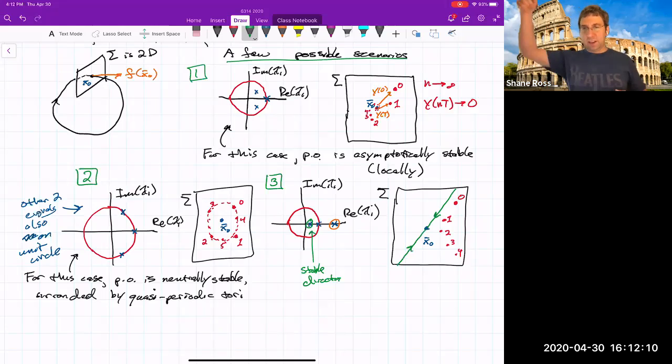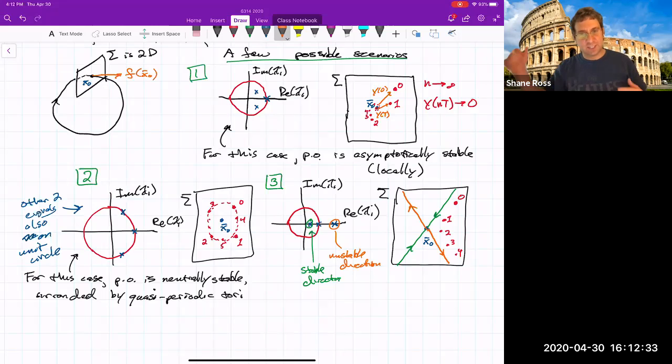Meaning if you start on that, you would asymptotically approach, but you'll probably be a little bit off. And if you're a little bit off, just like here, then there's also going to be an unstable direction. And the unstable direction is what will dominate in the long term, except for a set of measure 0 of initial conditions that are on the stable direction.